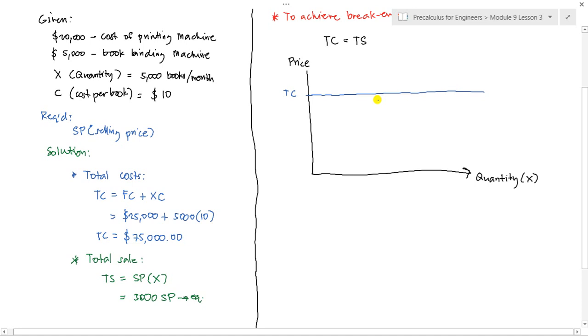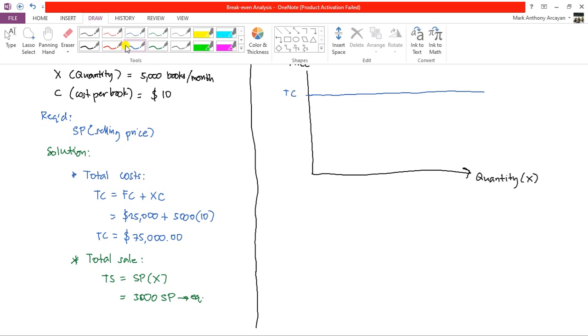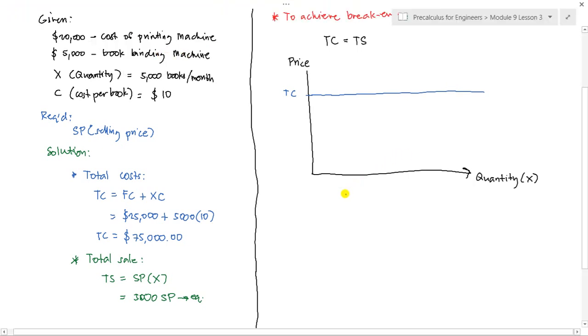And then for total sale, that is a function of the selling price. So for total sale at zero quantity, of course, you have no sale. If the quantity increases, the total sale increases until it reaches the total cost.